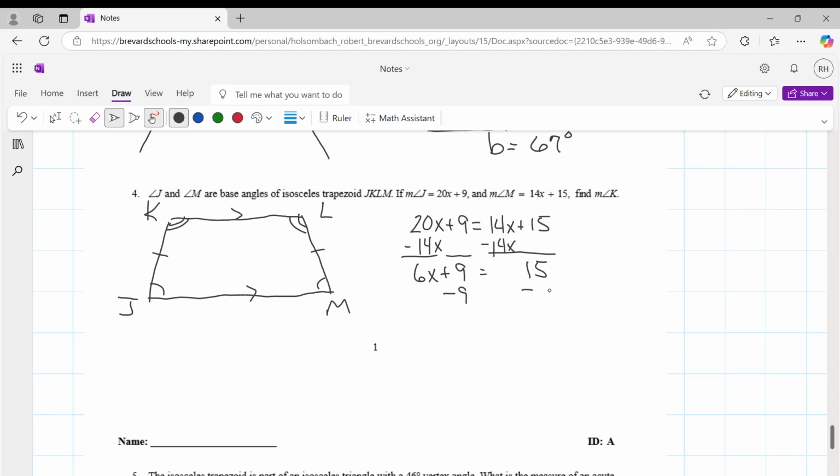Subtract 9 from each side. 6x is equal to 6. And divide each side by 6. So we get an x that's equal to 1.